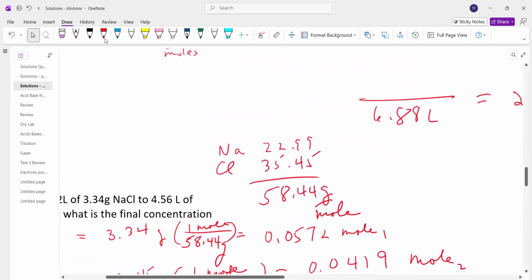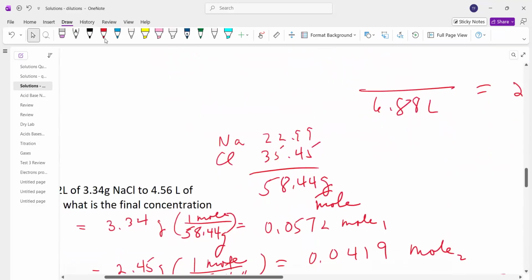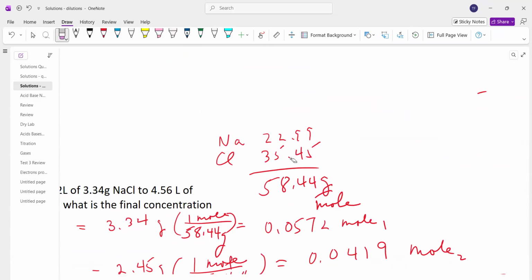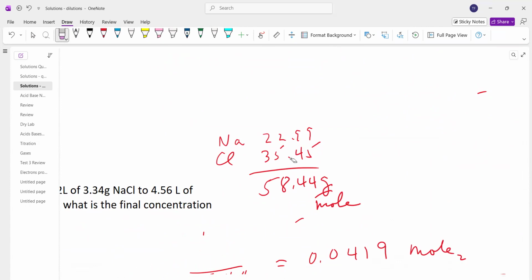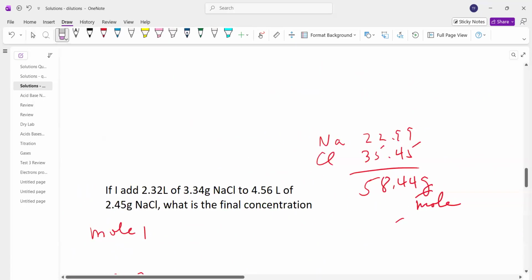Okay, so let's, for the last example today, now this problem is going to be a combination of last week's dry ingredients and this week's dilution combination.